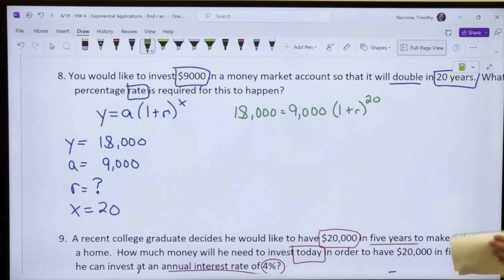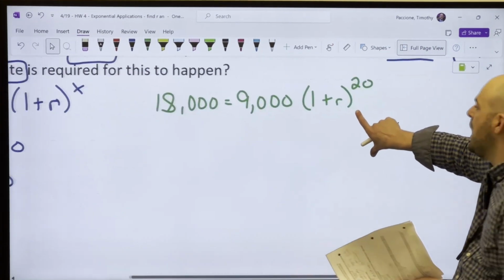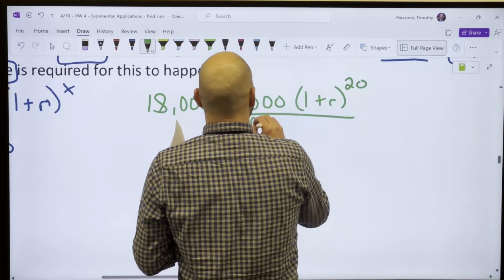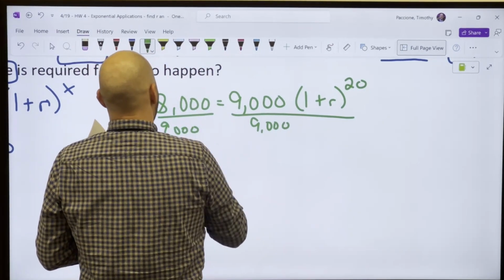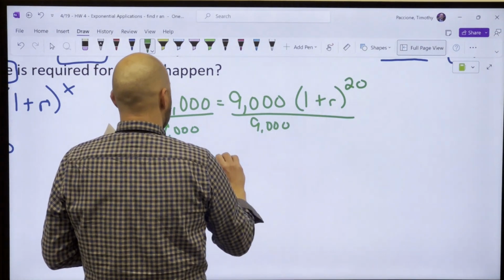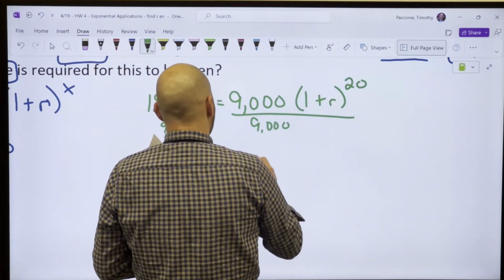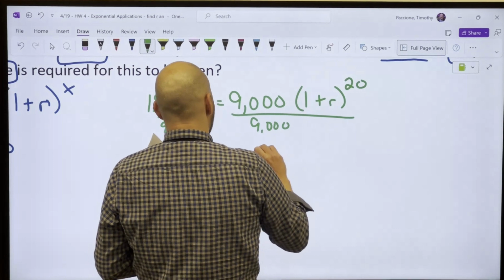I'm trying to get to that r. What do I need to get rid of first? 9,000. I have to divide by 9,000. I get 2 equals 1 plus r to the 20th.